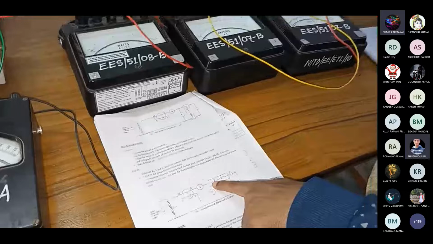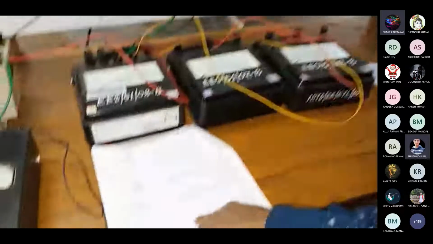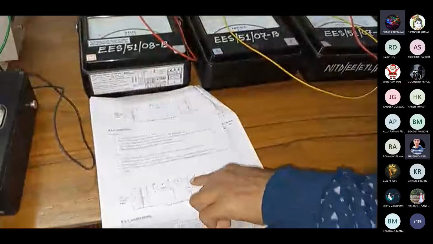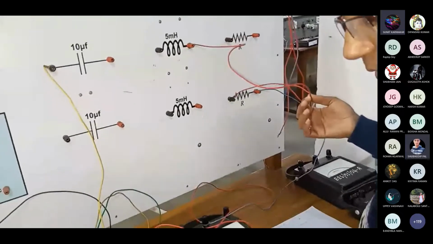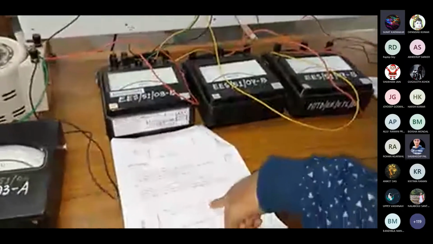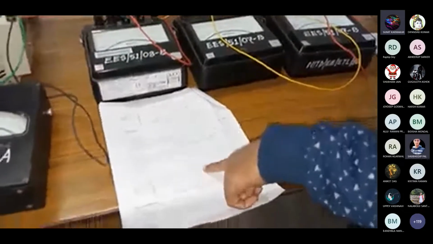So let us take it from here to the resistor. See, from this terminal we are connecting the resistor. Then the RL is connected. That's why I have not opened this wire. You have to learn how to save time also in a practical experiment. So we have connected it.